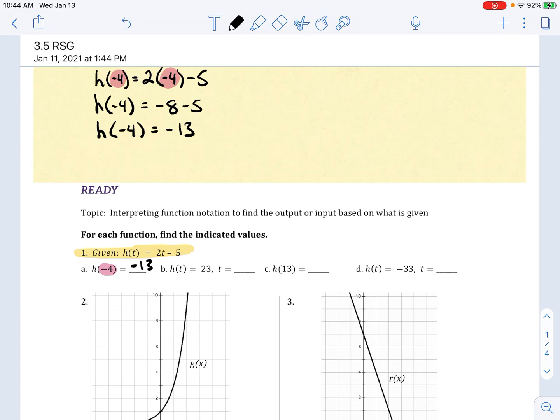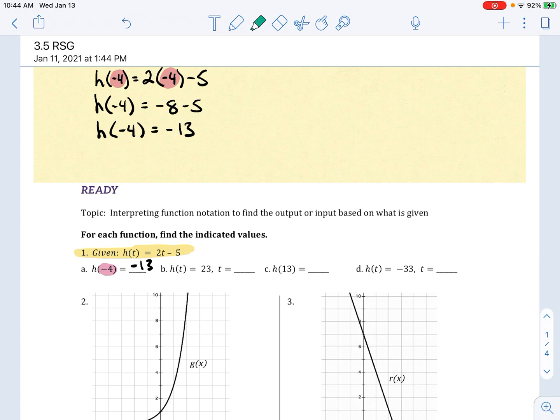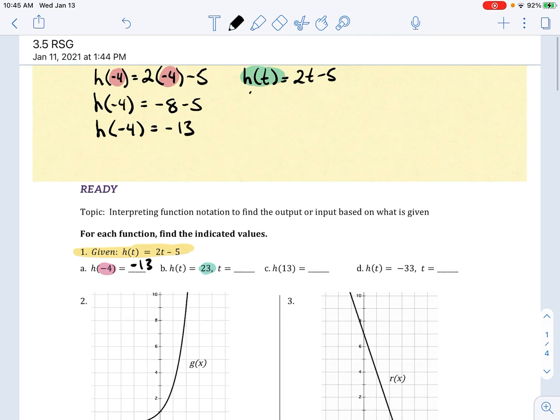So negative 13. The next question is the same thing, but now it's saying that the h of t, the output, is 23. So then it's going to be h of t equals 2t minus 5, but what we're replacing this time is h of t.